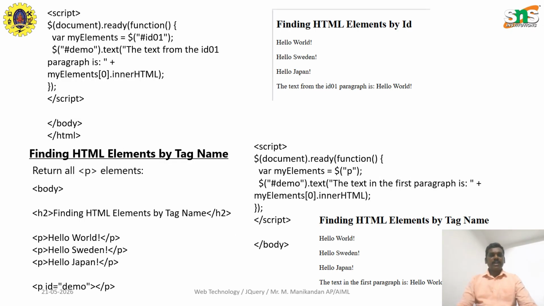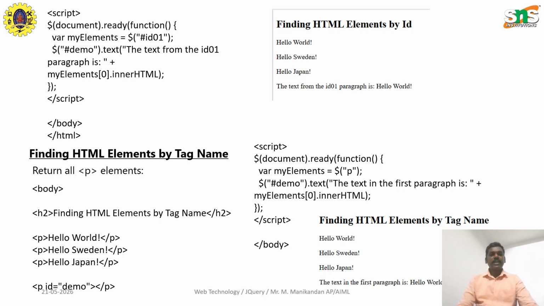Here we are creating the script: document dot ready function. We create a function and an element, myElement, where we give the dollar symbol and the ID of one. So it will refer to the first paragraph tag, that is hello world.